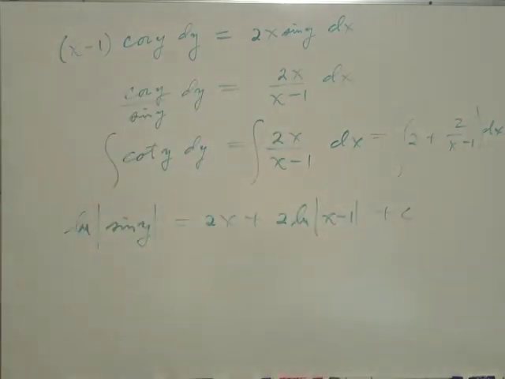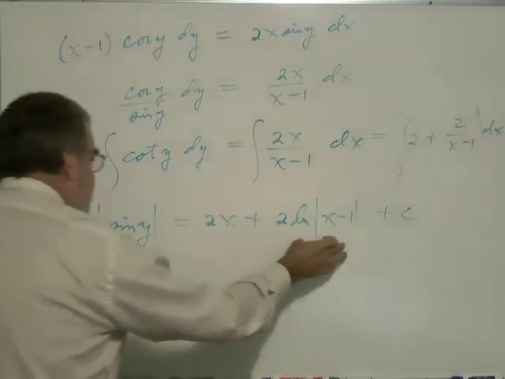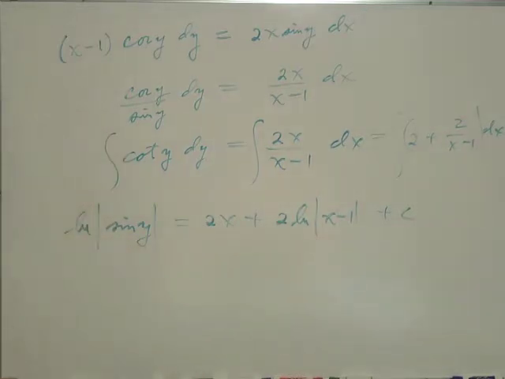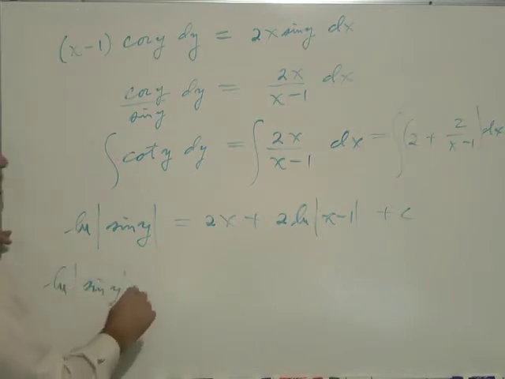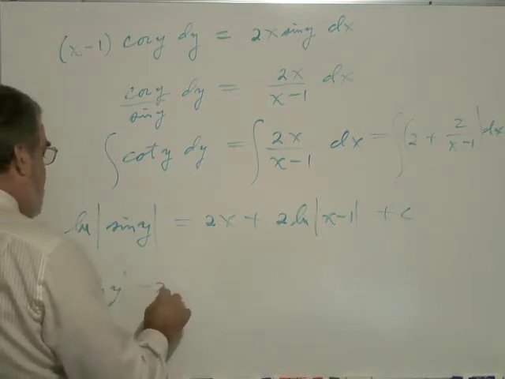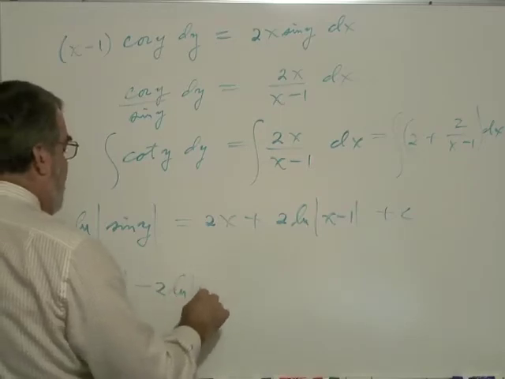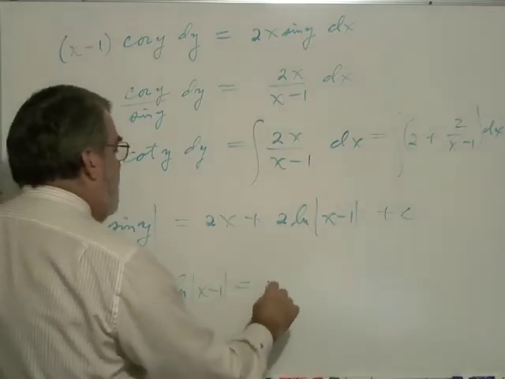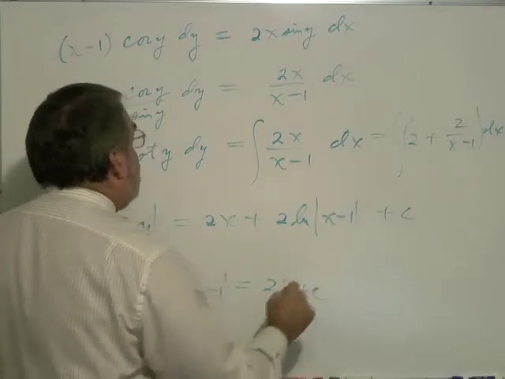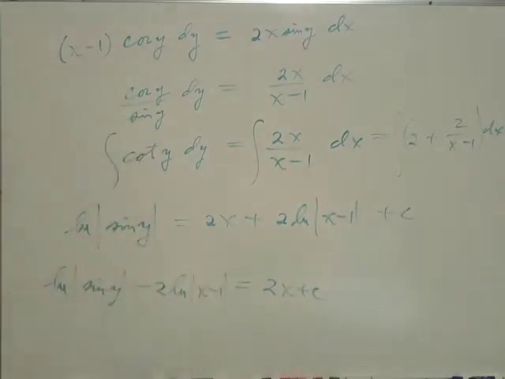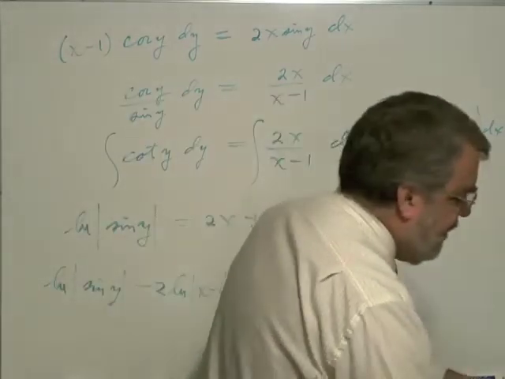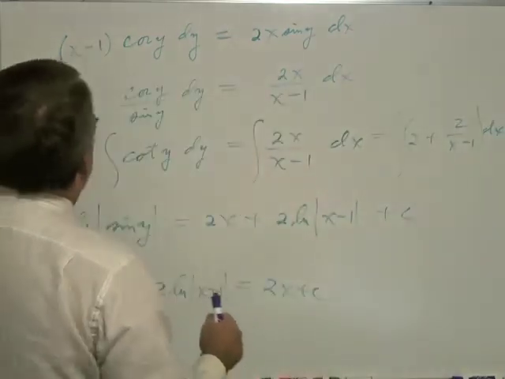So let's do a little bit here. Let's bring this logarithm over here. So I've got the natural log absolute value sine y minus 2 times natural log absolute value of x minus 1 equals 2x plus c. And here this gives us a chance to review one of the properties of logarithms.